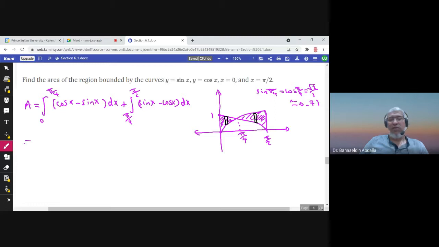So you find these two definite integrals, and you will get the area of the region bounded by the two curves.